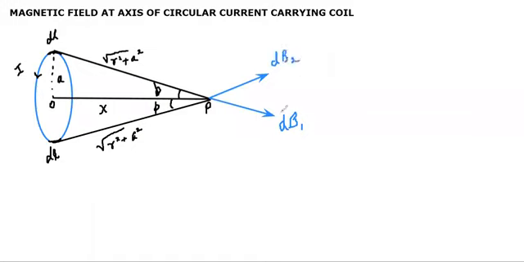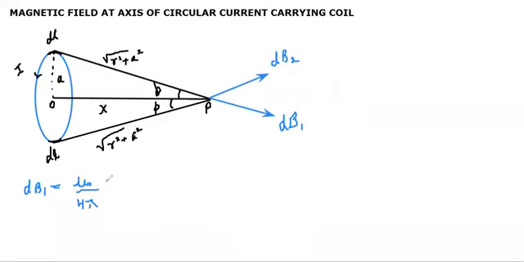Now what would be the value of this db1 and db2? Which law would I use? I would be using the Biot-Savart law. Now db1 is the magnetic field due to this length element, right? The formula is mu naught by 4 pi, I dl sine theta by r square.